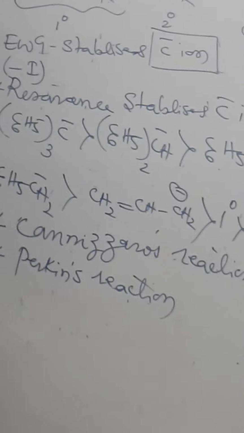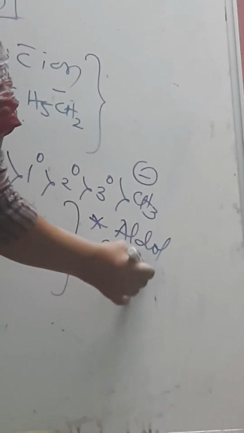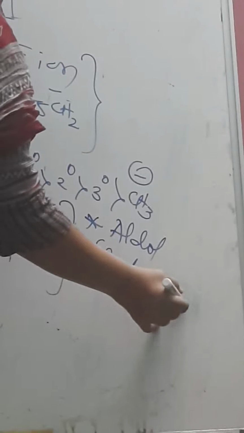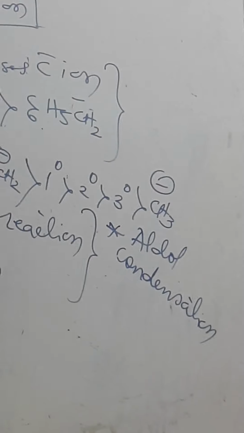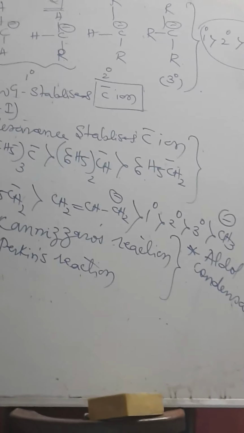And the third and last example is aldol condensation. What is aldol condensation? Remember, second year children, aldol condensation, the aldehyde which contains alpha hydrogen atom. Cannizzaro reaction, the aldehyde which does not contain alpha hydrogen atom. All these three are second year examples. The children who have written the exam for the second year, they know it.